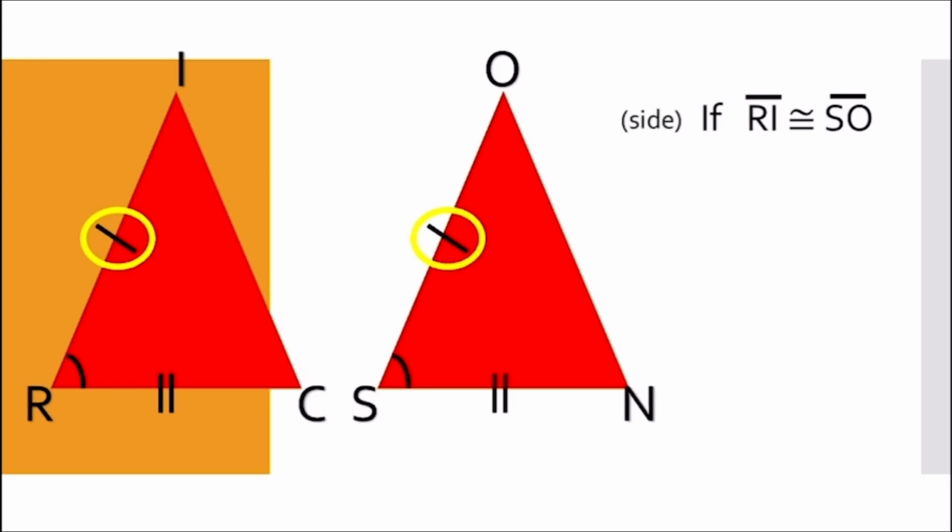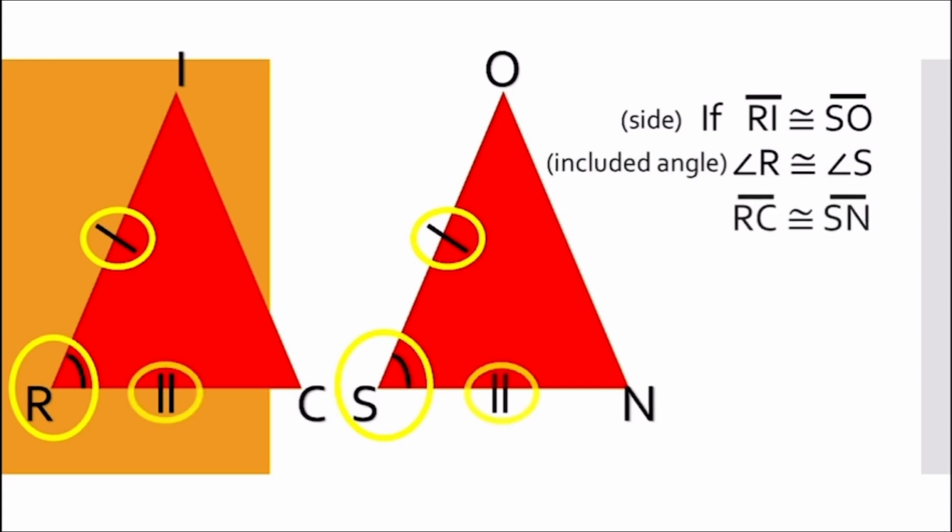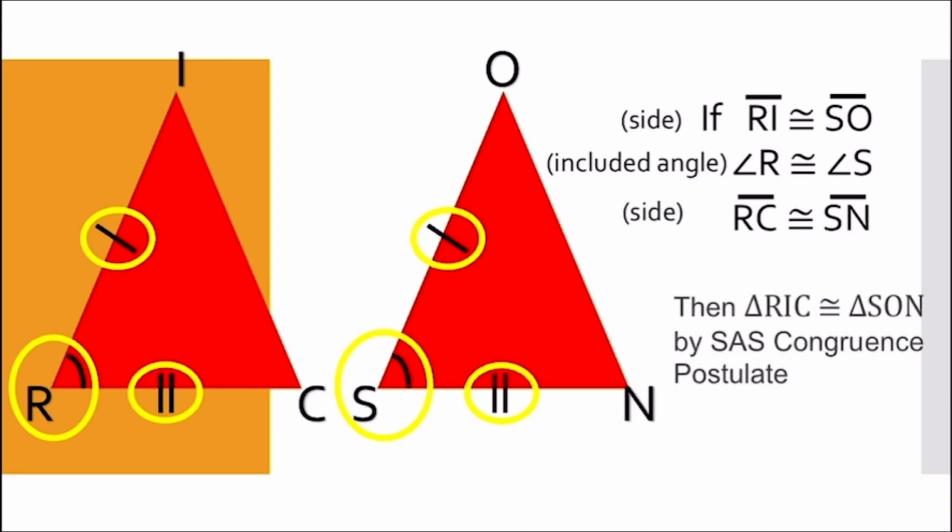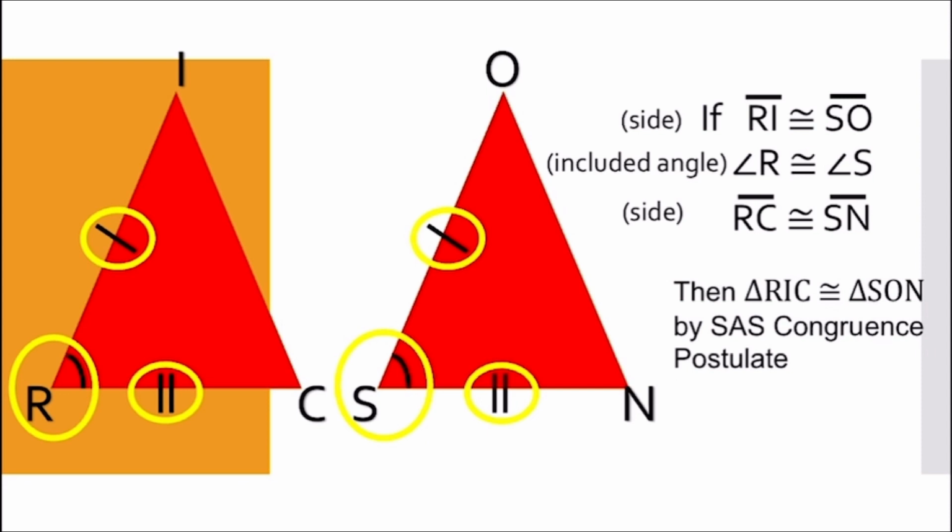Next, angle R is congruent to angle S, which is our pair of included angles. And line segment RC is congruent to line segment SN, which is our second pair of congruent sides. Then, triangle RIC is congruent to triangle SON by the SAS congruence postulate.